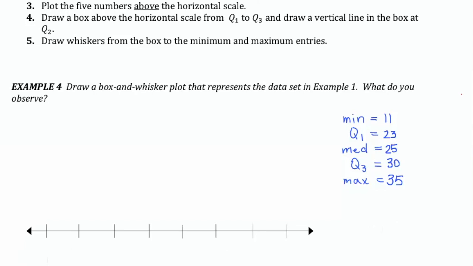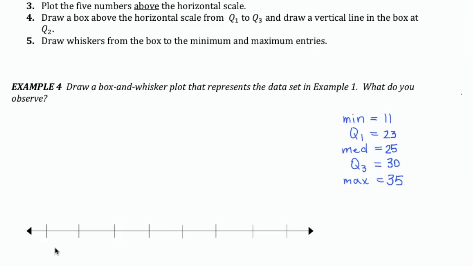This is now step 2 of the box and whisker process. We're going to construct a horizontal scale, just on a number line, that spans the range of the data. So you want to set up regular tick marks that count off by the same amount so that it will fit your data, going from at least 11 to 35. And you try to choose numbers that are convenient to count off by.